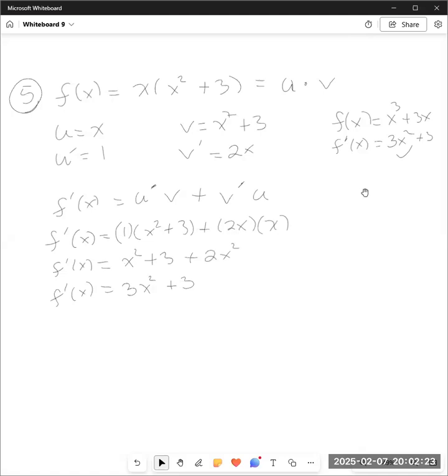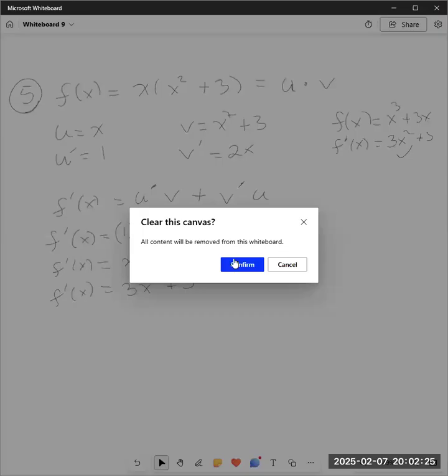Go ahead now and look at number 7. Number 7 tells us h of x is equal to 2 divided by x minus 3, and then we have x squared plus 7.